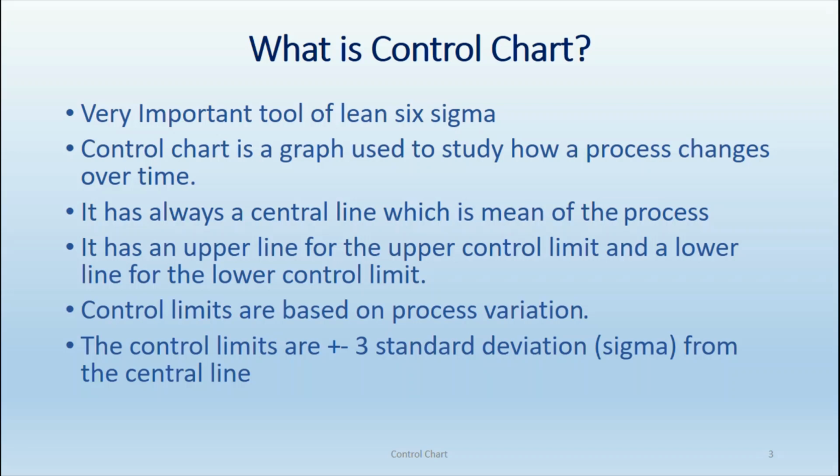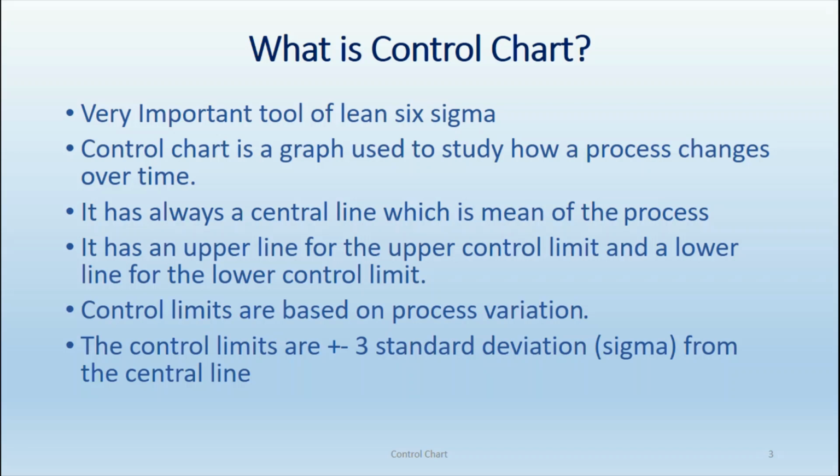Now let's see what is control chart. Control chart is a very important tool of Lean Six Sigma. It is a graph used to study how a process changes over time. Control chart has a central line which is actually the process mean.